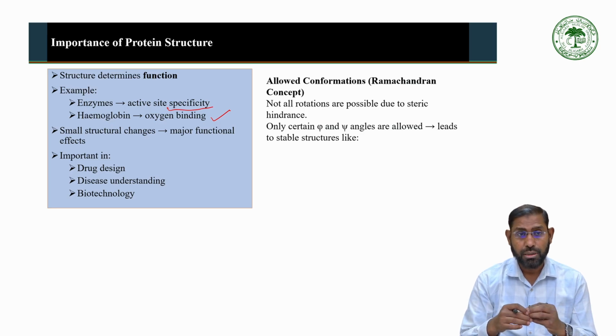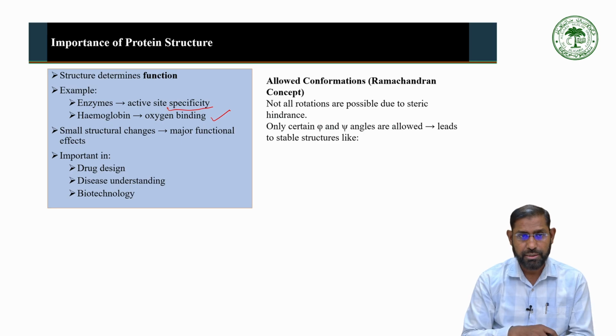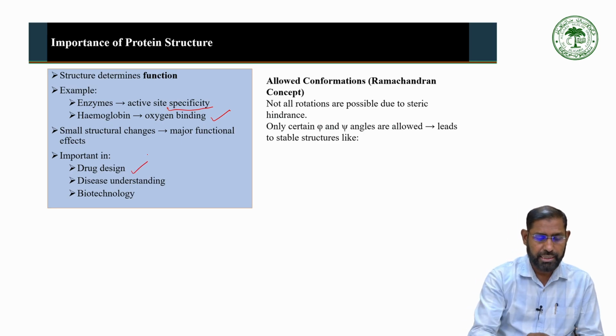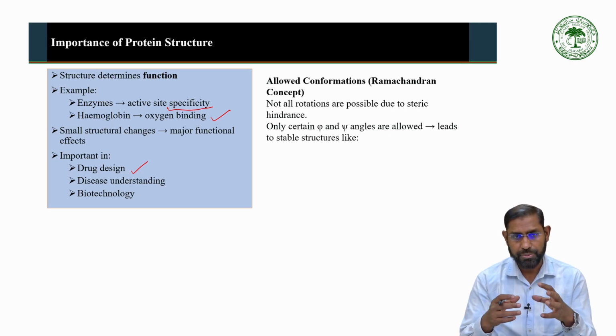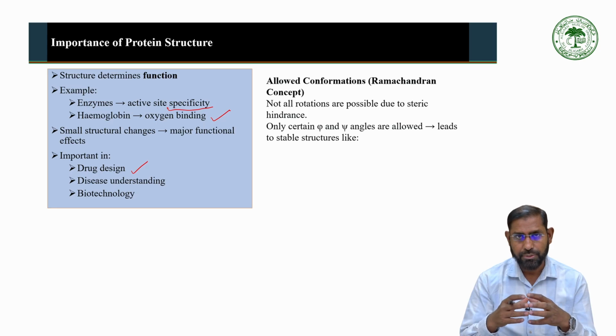And also it is very important to know the structure of the protein or amino acid, because it is for drug designing. We can design different drugs based on knowing what kind of amino acids are required to fit the particular molecules or any inhibitors.